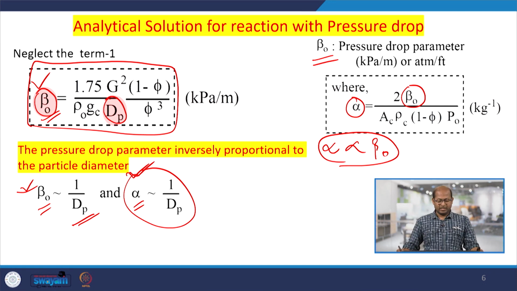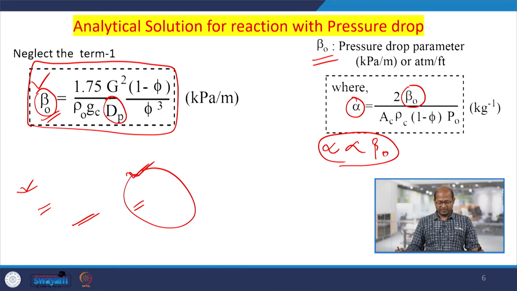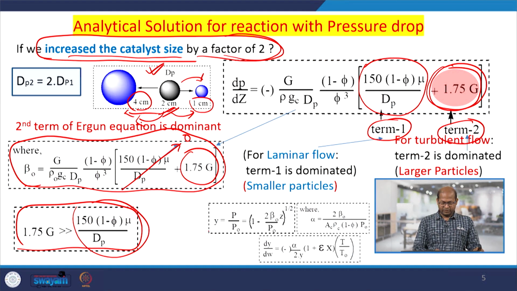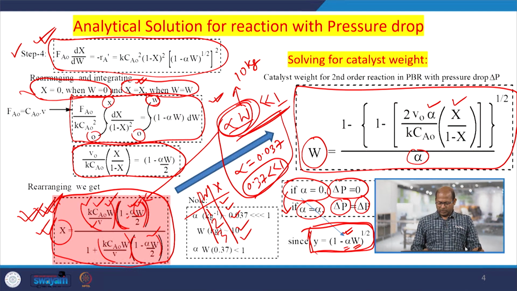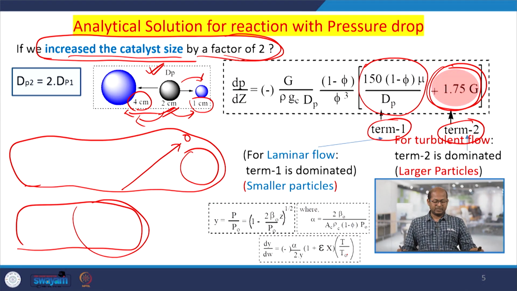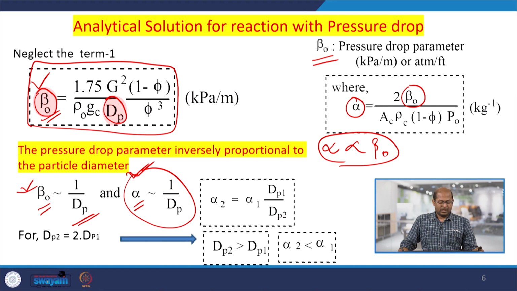In the pressure drop equation you can see we have used y equals (1 minus alpha W) to the power half. So alpha is here. If we change the catalyst particle diameter, then alpha will change accordingly.